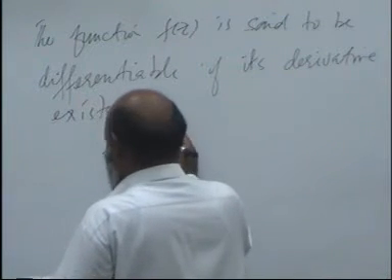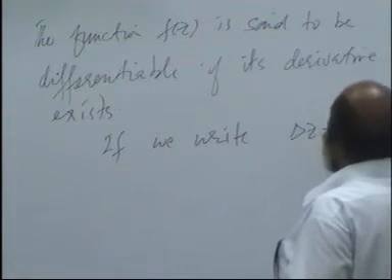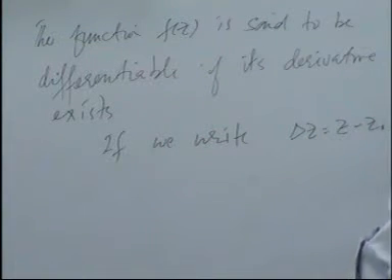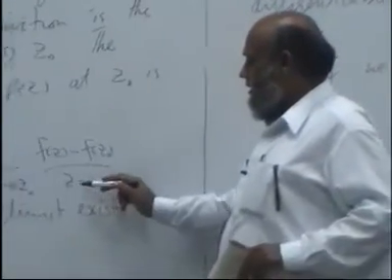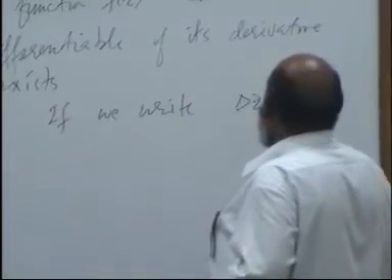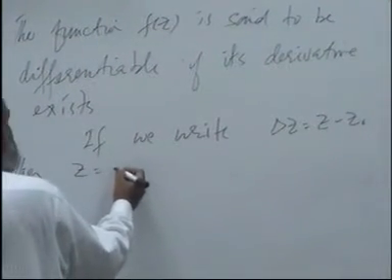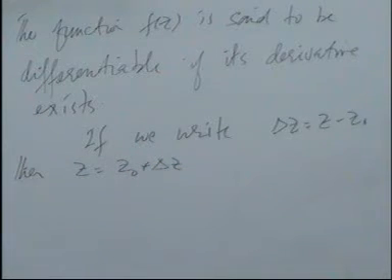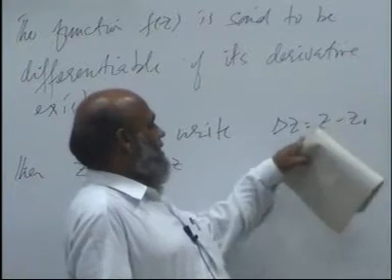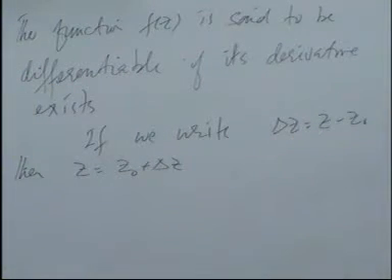If we write delta z as z minus z naught, if we represent this z minus z naught to be delta z, then z is equal to z naught plus delta z. Delta z is nothing but the change in z.